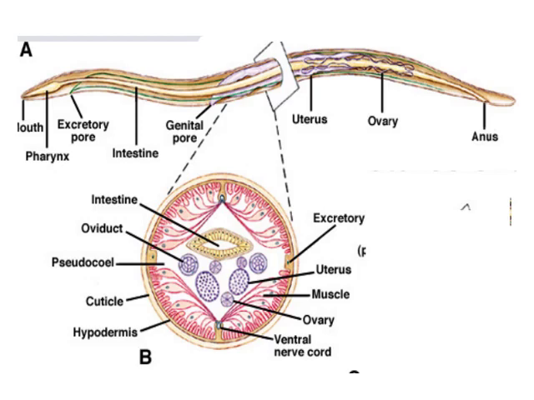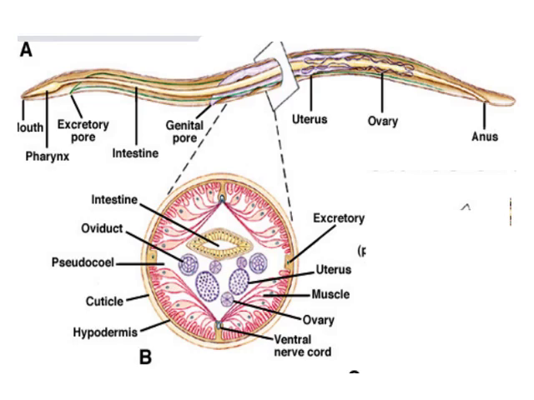Now see the diagram, that is mouth, pharynx, excretory pores. Basically this is a nematode, or you can say Ascaris, and it has a cylindrical body. Now first you can see the mouth, that leads to the pharynx, then the excretory pore is there, intestine is there, then genital pore for reproduction, uterus, ovary, anus.